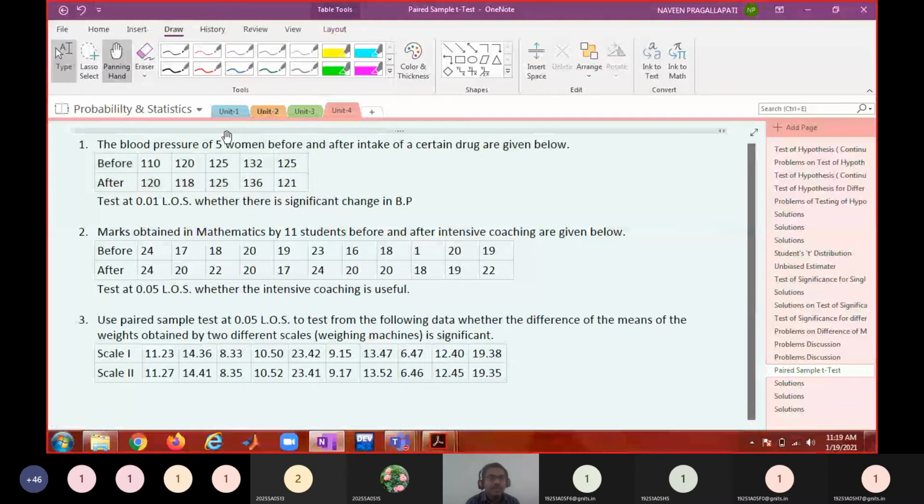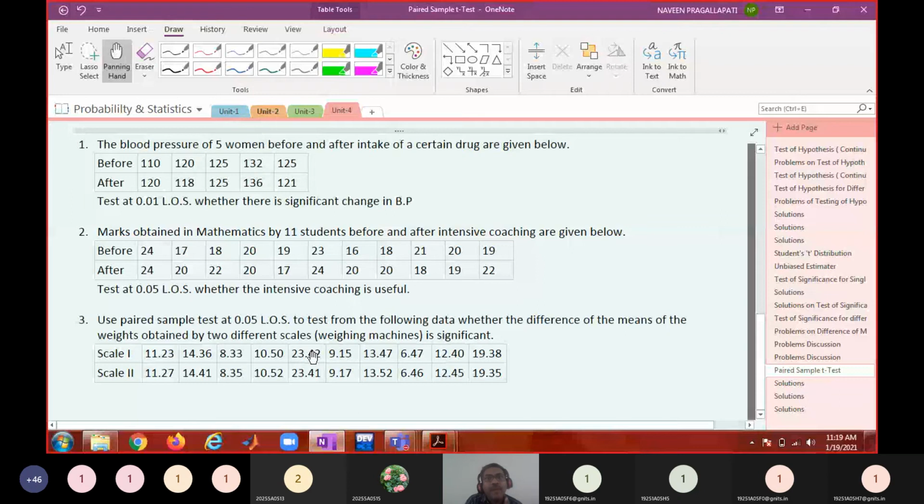Copy the data quickly. And after coaching, these are the marks obtained by the students. So whether the coaching is useful or not.